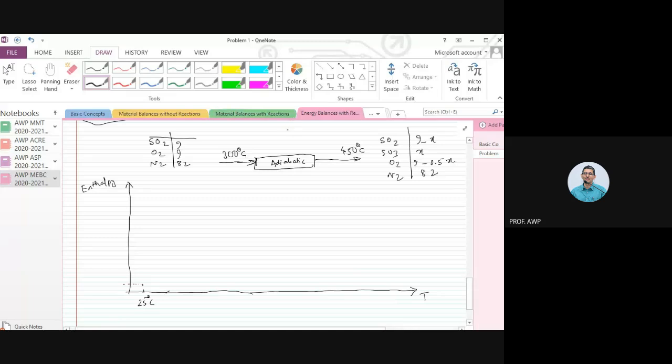All right. We have assumed that in the reactor, X gram moles have reacted. Now, here is one possible way of visualizing what is happening in the reactor. Imagine that at 25 degrees centigrade, we have set enthalpy to be 0 for, let's say, SO2, oxygen, nitrogen, SO3, all the components that are there.